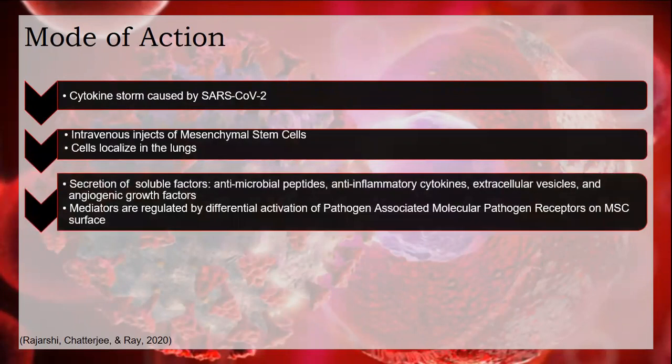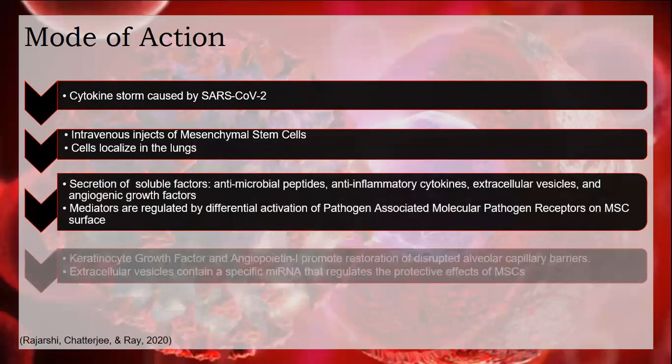They then secrete various soluble factors such as antimicrobial peptides, inflammatory and anti-inflammatory cytokines, extracellular vesicles, and angiogenic growth factors. The secretion and function of all of these soluble factors is regulated by the differential activation of PAMPs, which are the pathogen associated molecular pattern receptors, abundantly present on the surface of the mesenchymal stem cells.